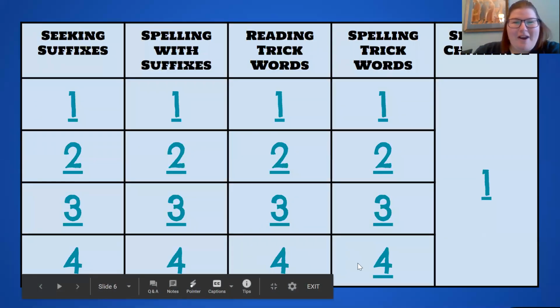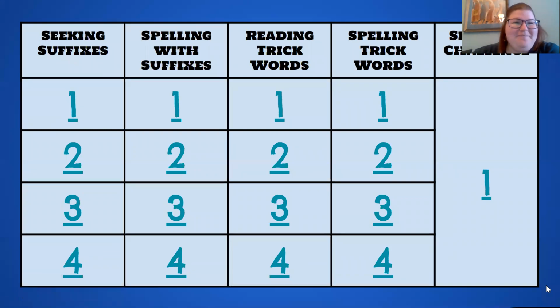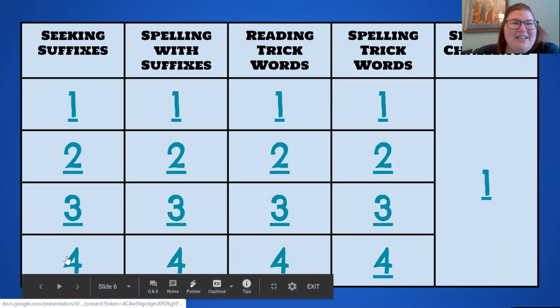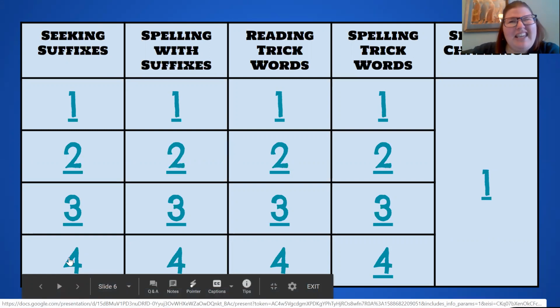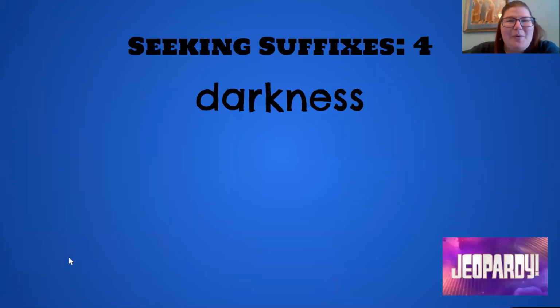Moving in to our final round here into our fours, and then we see if we can do the ultimate challenge with our sentences. So let's go ahead and start with looking at words with a suffix. What word is this?